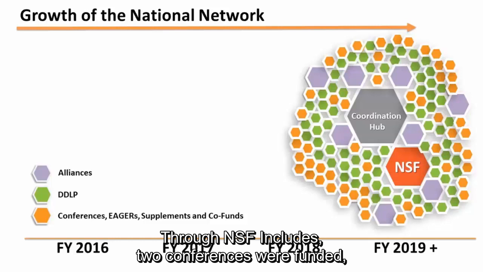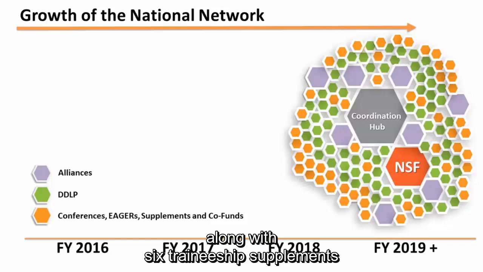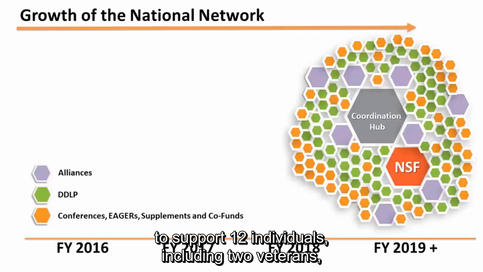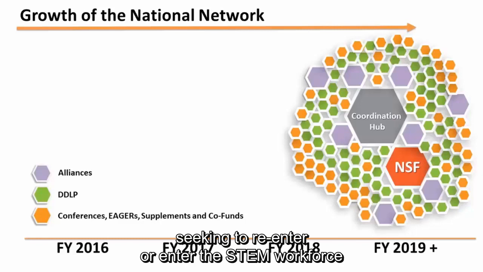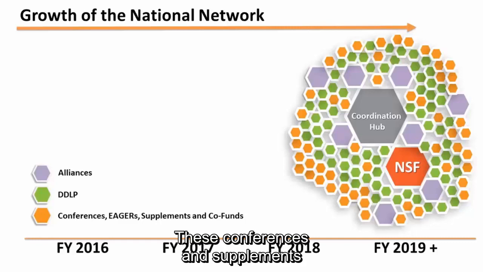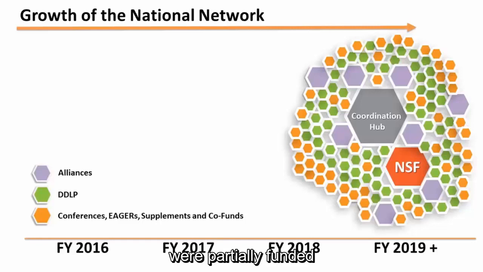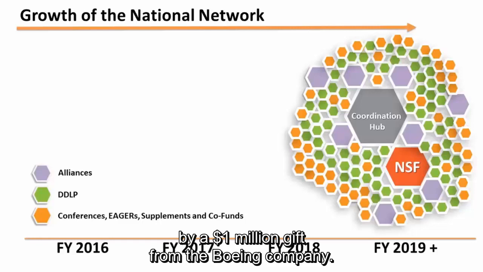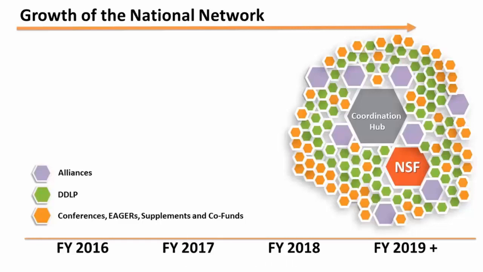Through NSF INCLUDES, 2 conferences were funded along with 6 traineeship supplements to support 12 individuals, including 2 veterans, seeking to re-enter or enter the STEM workforce after a career break. These conferences and supplements were partially funded by a $1 million gift from the Boeing Company.